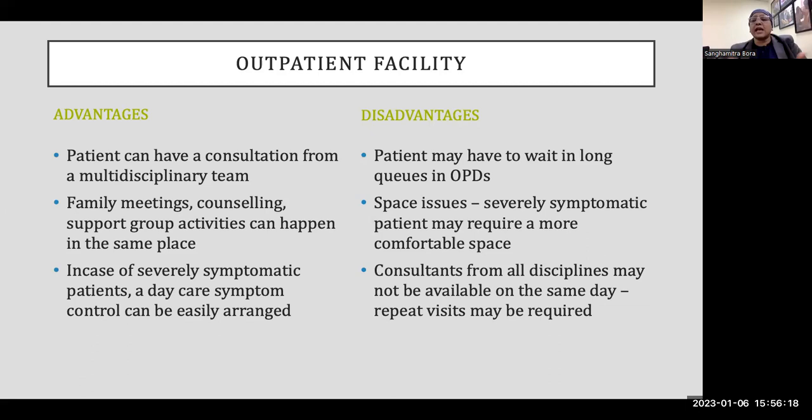These may be informal meetings, but you can formalize them into support group activities through your social worker or counselors. And in case of severely symptomatic patients, whose symptoms have not been controlled, a kind of daycare symptom control can be easily arranged in the outpatient facility.